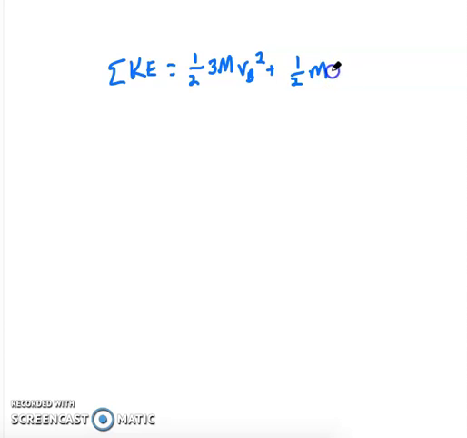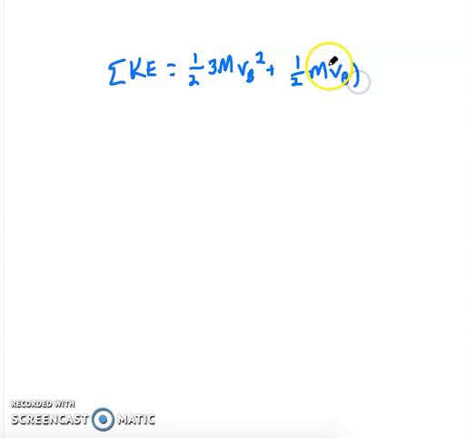All right, so let's take, like we said, sigma KE, the kinetic energy of both of them before they collide. Remember, they were both moving with a speed of VB. The negative isn't going to matter because we're going to square it, so that's basically 1/2 3m times VB squared plus 1/2 m times VB squared.